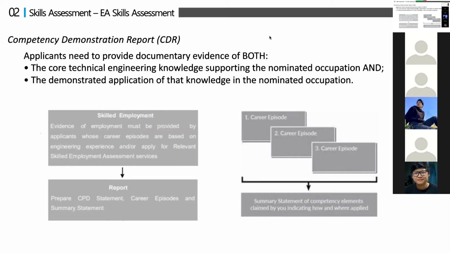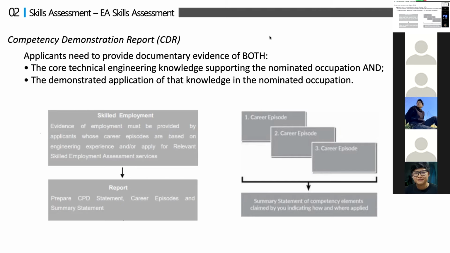It's impossible to contact every single university all over the world. So that's why they created the CDR process. They may not see all the curriculum in detail, but they want to find out whether you can be a qualified engineer through your work experience.